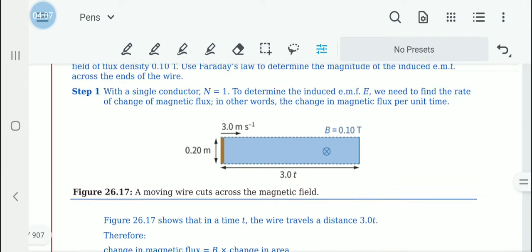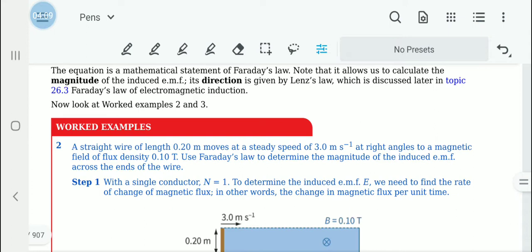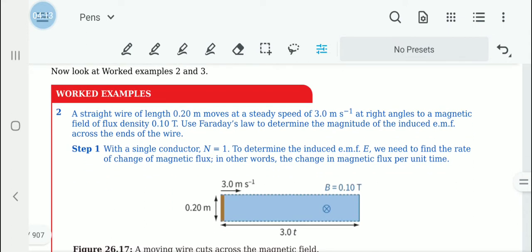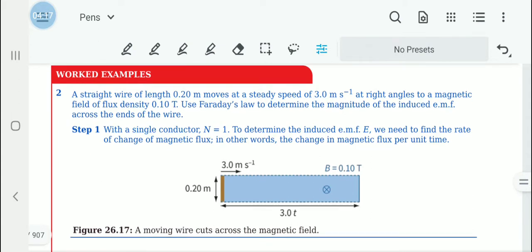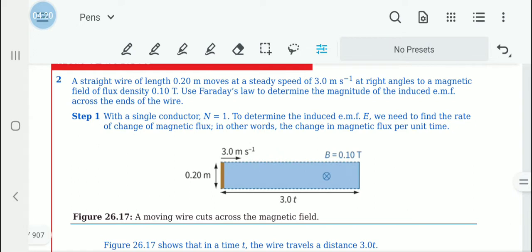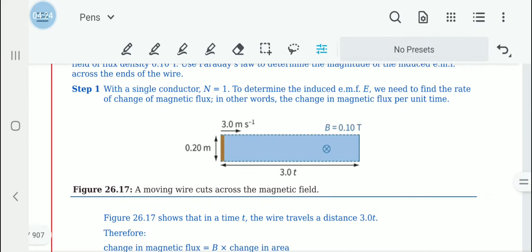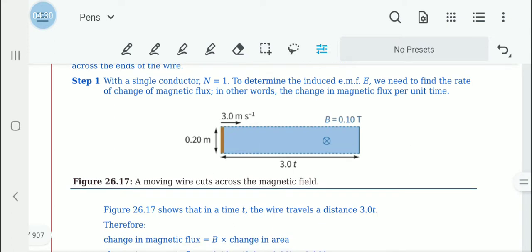The straight wire of length 0.2 meters moves at a steady speed of 3 meters per second at right angles to a magnetic field of flux density 0.1 T. As shown in this diagram, the 0.2 meter wire is moving through this flux density at 3 meters per second.